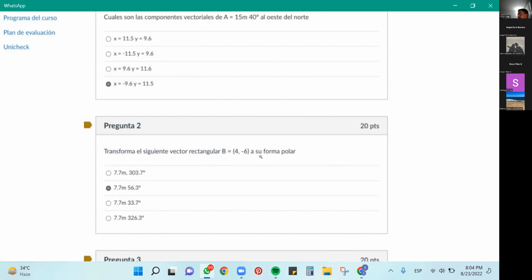Another way of saying it, for example, and that's going to be used a lot in college: when they tell you rectangular, it means in coordinates.